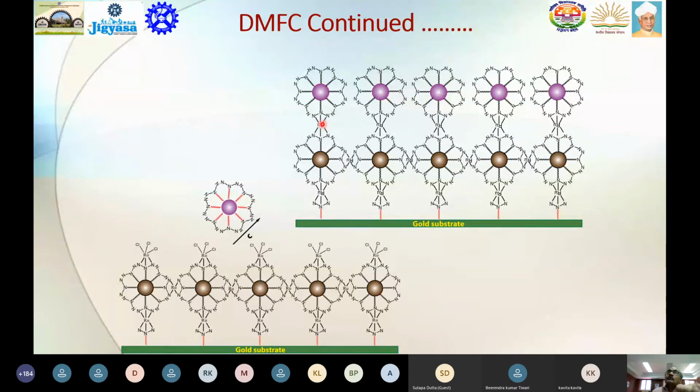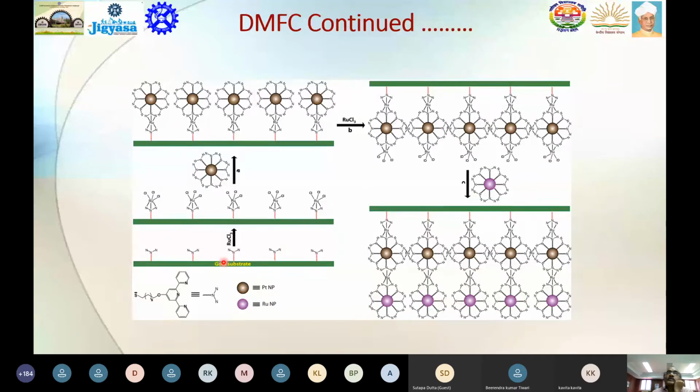Instead of ruthenium, I can also put iron, I can put cobalt. So based on the performance of the direct methanol fuel cell, I can change this connecting metal. Also, I can change this chain length, whatever you see like a snake, right? That's the chain length. I can change the chain length, and also I can vary the performance or efficiency of my direct methanol fuel cells. So this is one of the advantages. So in short, we started with the gold substrate.